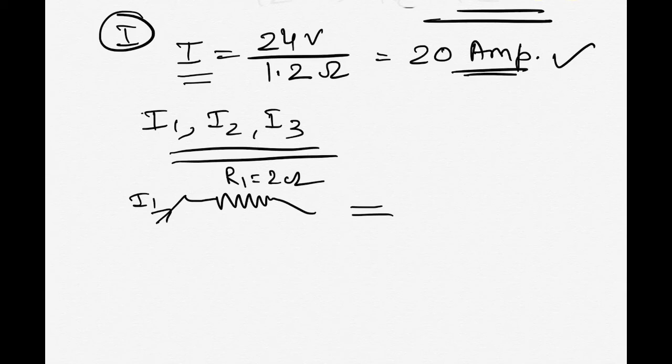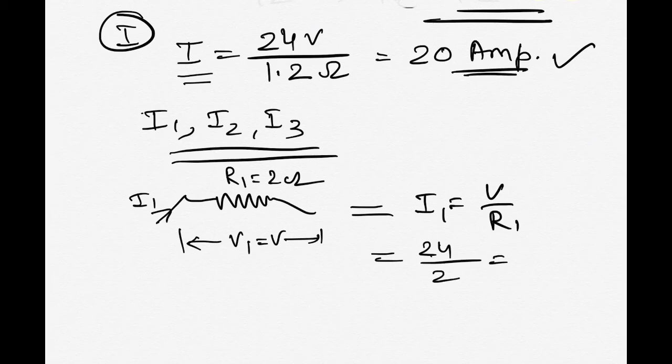For this resistor, V1 equals V, because the potential difference is the same across all resistors in this case. So I1 is equal to V upon R1, 24 divided by 2, which becomes 12 amperes.